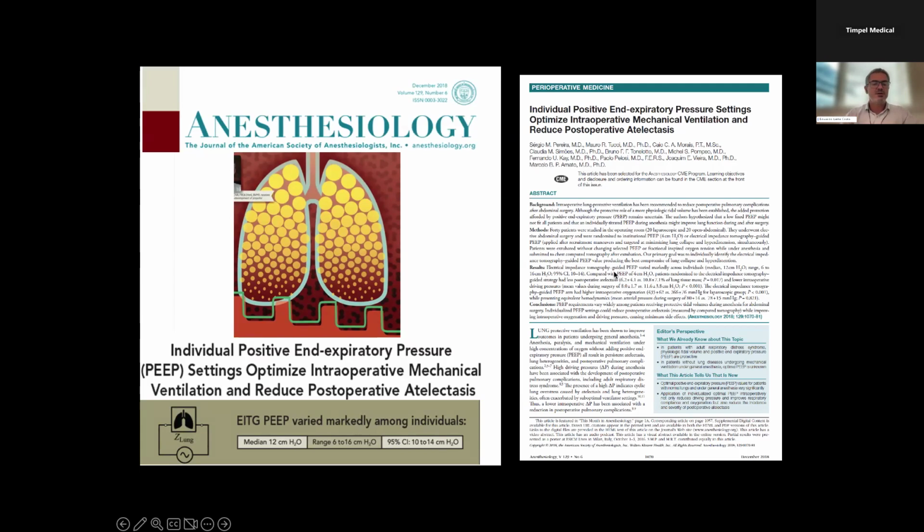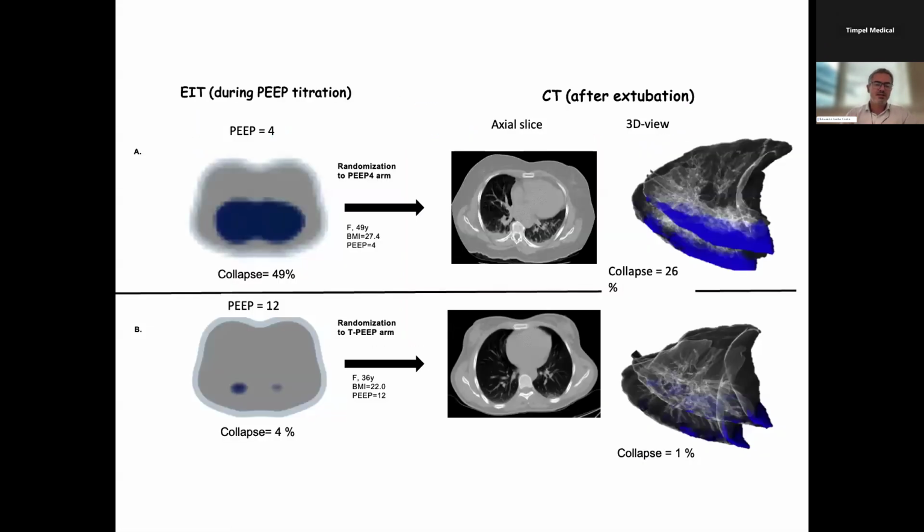They optimized PEEP level according to the EIT PEEP titration tool in one arm. In the other arm, they used a fixed PEEP level of 4, which is the standard practice in the hospital in which the study was conducted. Right after surgery, patients were extubated and taken to the CT scan to measure the amount of collapse.